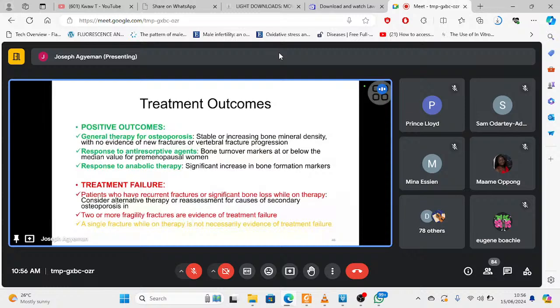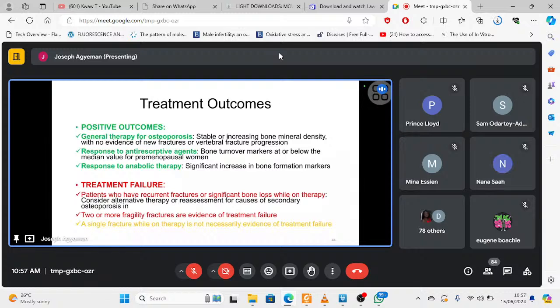In general therapy for osteoporosis, when the person comes with stable or increasing bone mineral density with no evidence of new fractures, then we know that we are winning. So bone mineral density is improving, fractures are no more. Because if you have osteoporosis, your chances of getting fractures increase. Now, our target was to avoid fractures and increase bone mineral density. In general, if we are having that, it means that we are having positive outcomes.